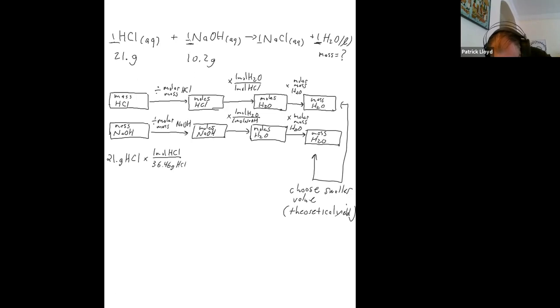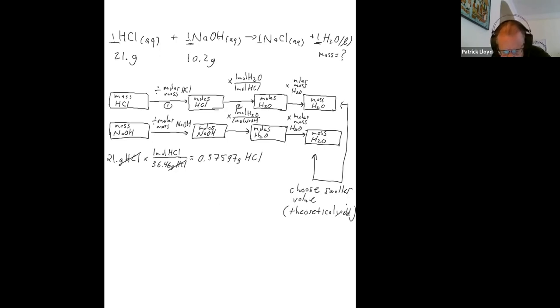That's the molar mass in the denominator there. Dimensional analysis shows you that by dividing by the molar mass, that will give you the moles of HCl. So 21 over 36.46, and you get 0.57597 moles of HCl. So there's our first step.